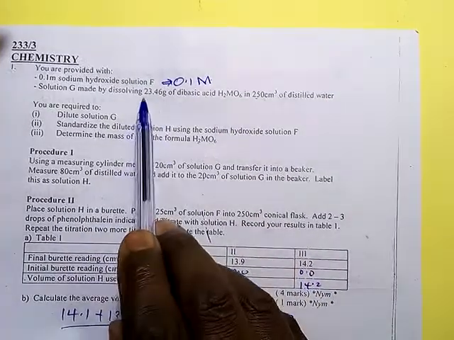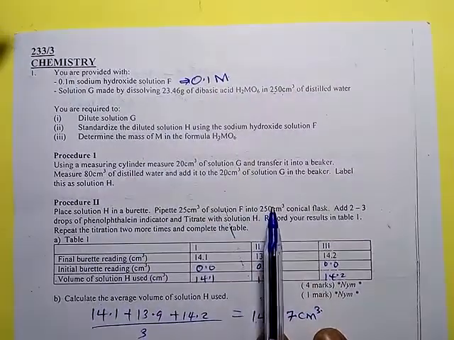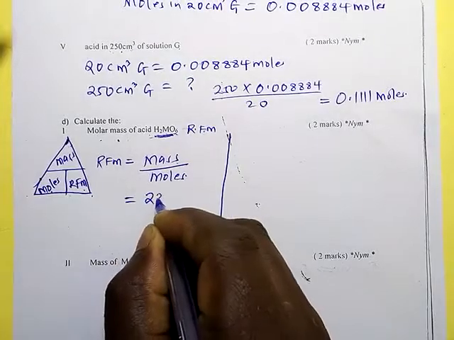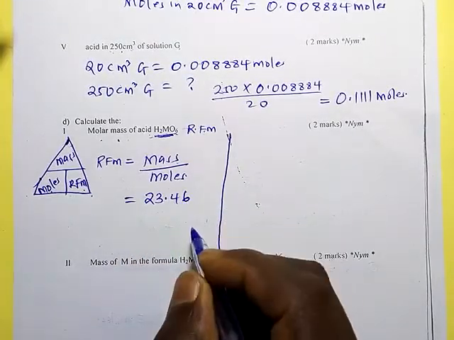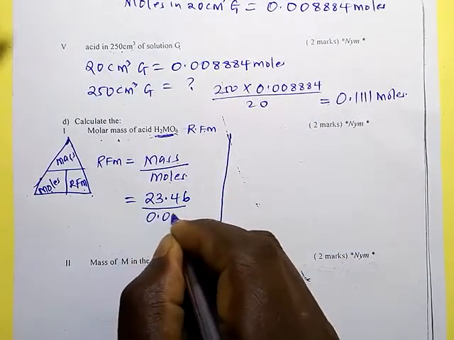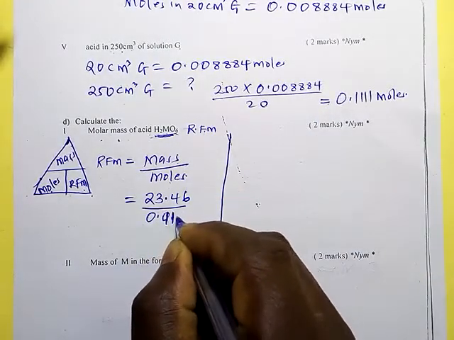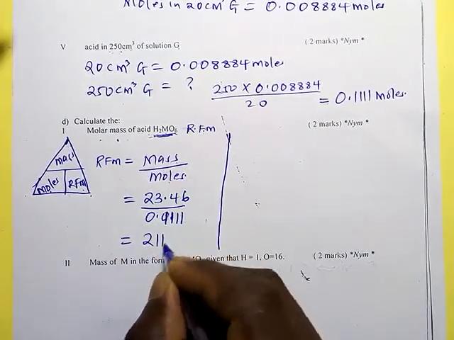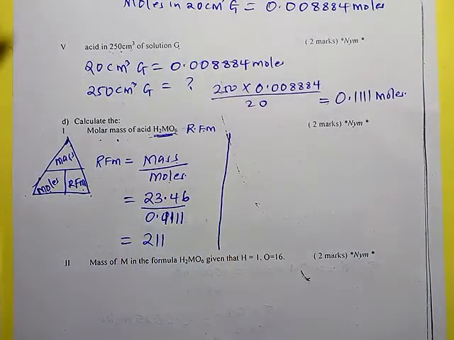Therefore, 23.46 divided by the number of moles, 0.1111, will give you 211 grams. That is the RFM straight away.